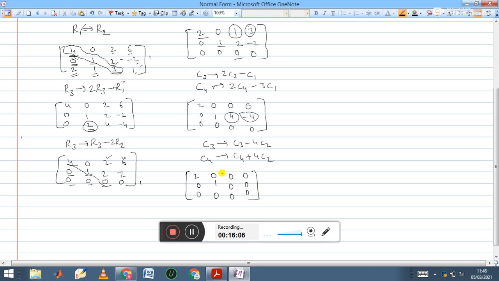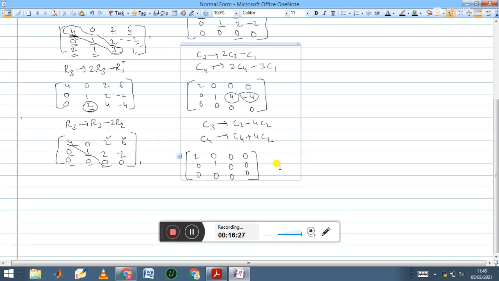Now you see here, your first non-zero row, first non-zero entry is 2. Better you divide C1 by 2, because I need to finally get the identity matrix. For our convenience we are dividing the first column by 2.